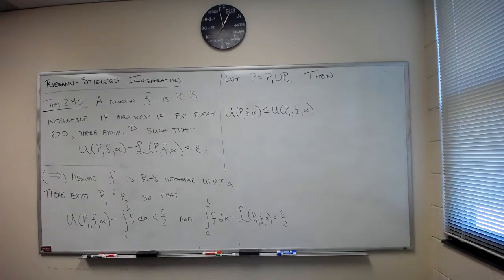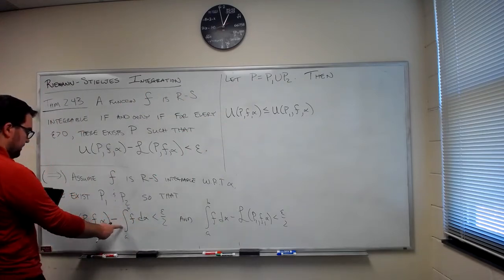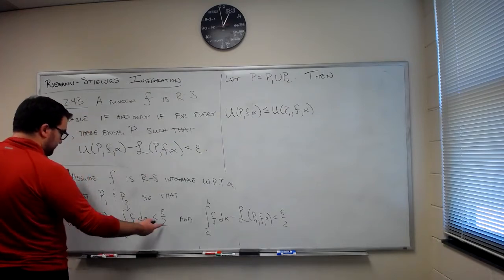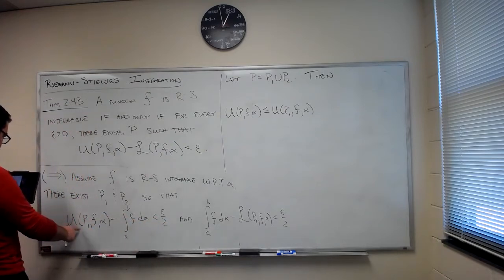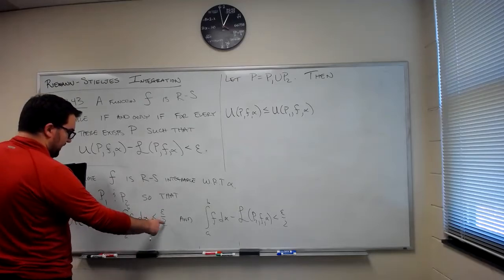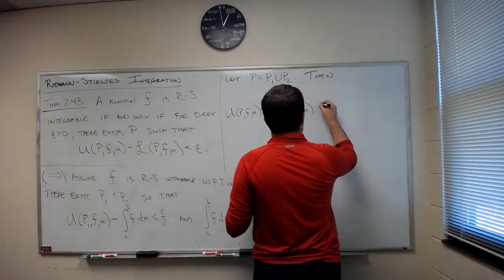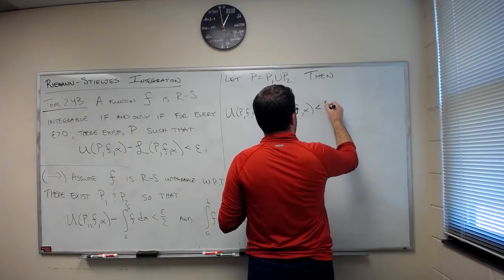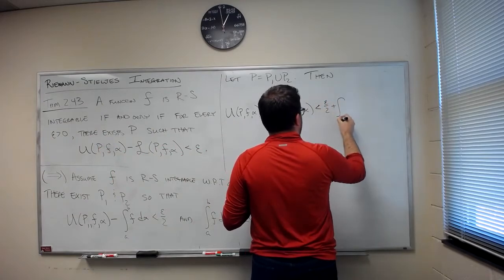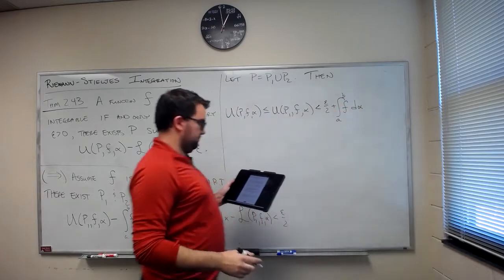But let's see, what else do I have? I also have from here, if I just add this integral over here, I have that the upper sum of P1, f, alpha is less than epsilon over 2 plus the value of the integral. Okay.